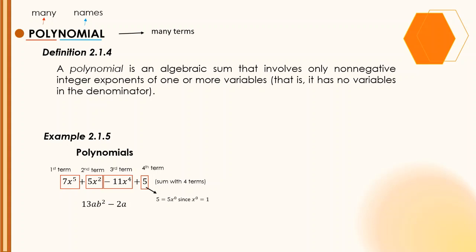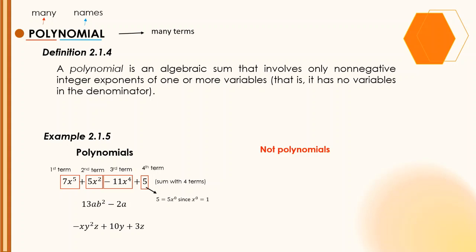Kaya, polynomial din itong pangalawang example. The third one is negative x y squared z plus 10y plus 3z. So mapapansin natin na ang mga exponent ng mga variables in each term is non-negative integer. So this is a polynomial.